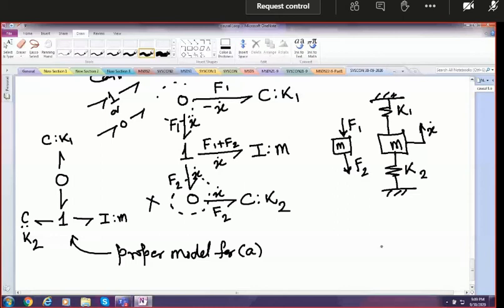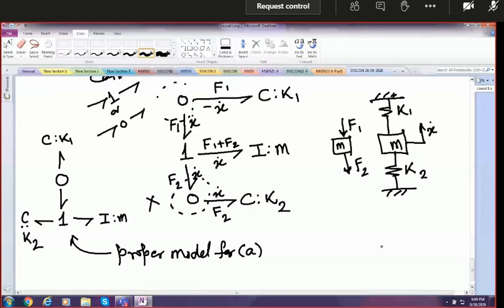Sir, from the power directions at the one junction, should the power towards that I element be F1 minus F2? Yes. Here, this is becoming F1 minus F2. This one we have given upward positive, and this one also.